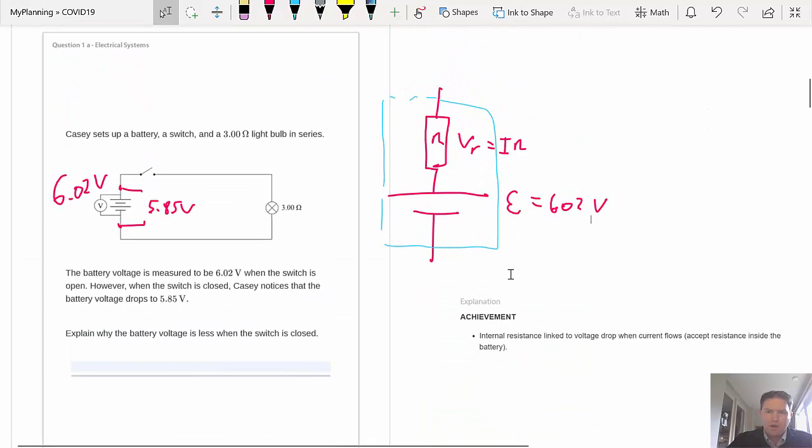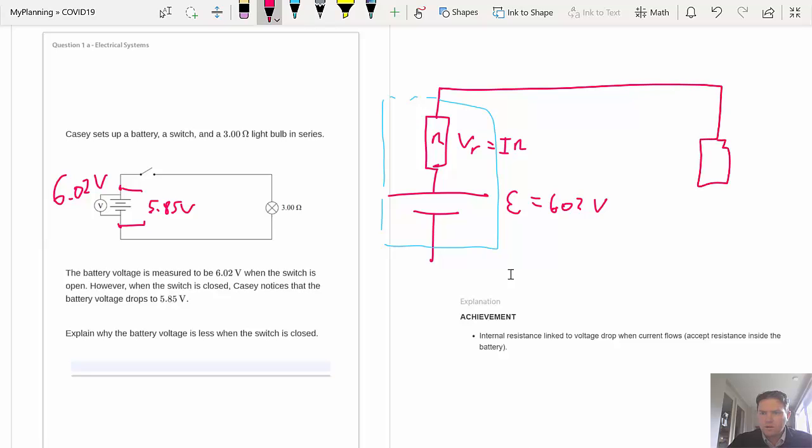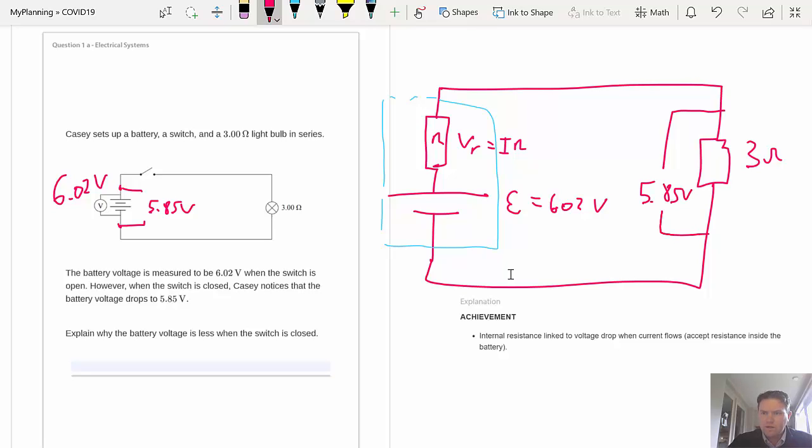So I might do it up here. If we attach this, I appreciate it's a light bulb, not a resistor, but for the purpose of what we're doing, it doesn't make too much of a difference. We've got 5.85 volts here. So what is the current? I is voltage divided by resistance.